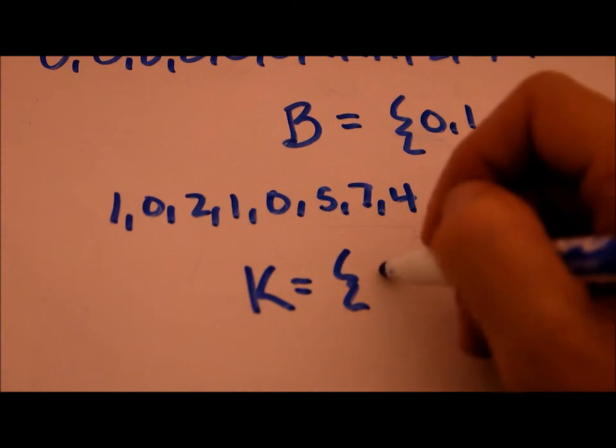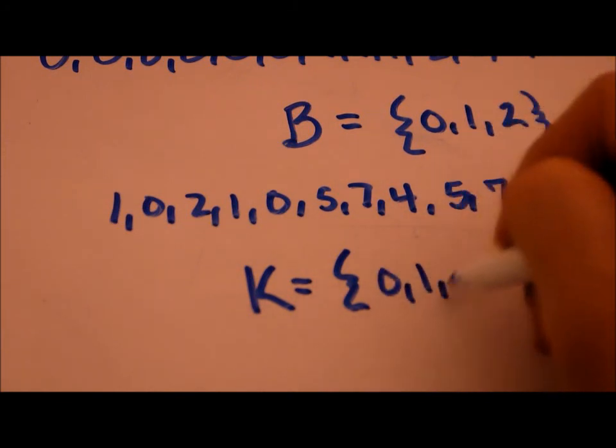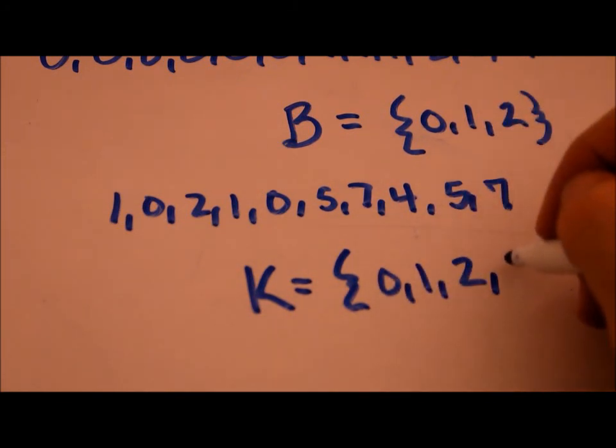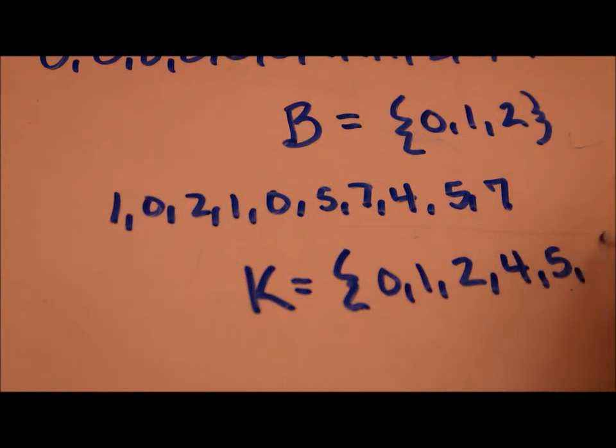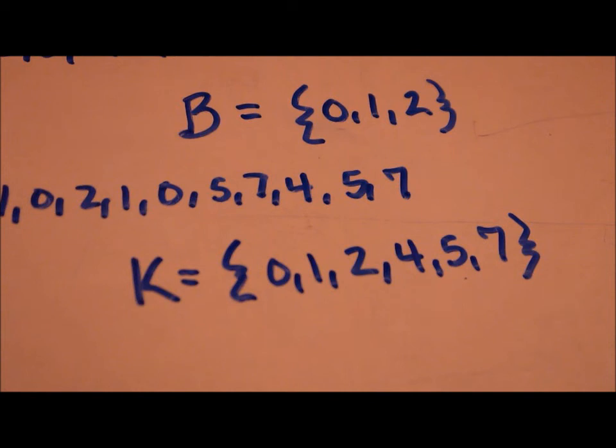So we have a 0, a 1, a 2, a 4, a 5, and a 7. Okay, so that's how we would answer that question.